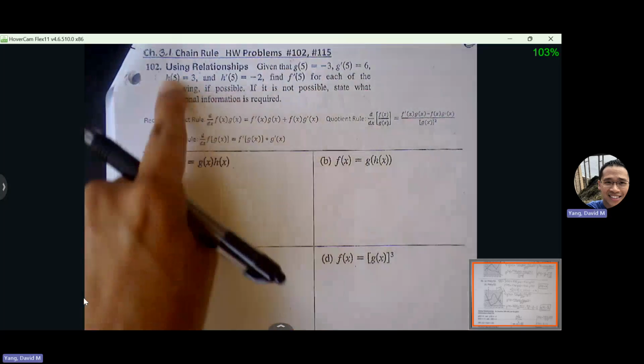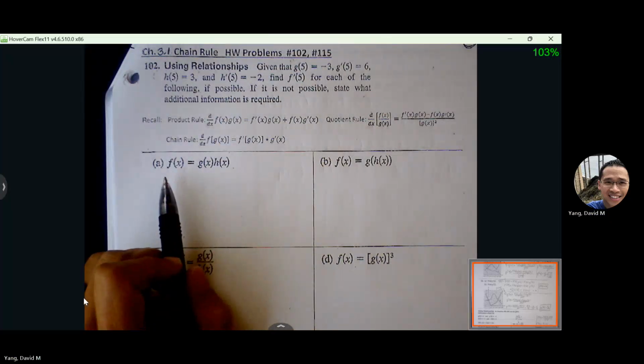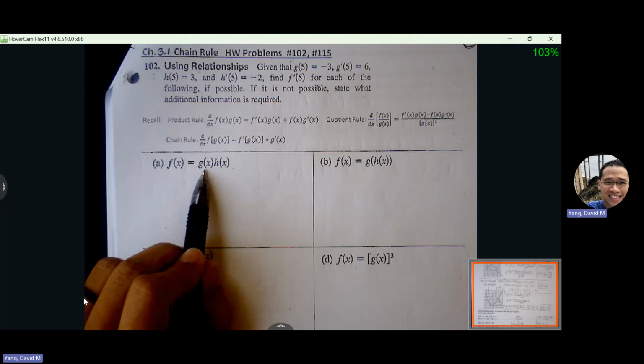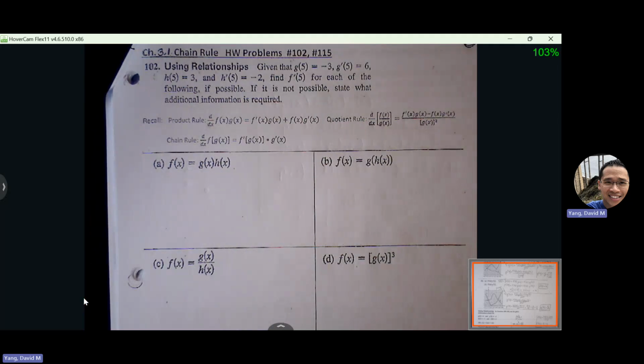All the data that you need is at the very top. F of x is defined as g of x times h of x. What rule would you use? Product, right? Go ahead and build out your derivative using product rule, and then replace every x with 5, and then see if you can get down to your answer.